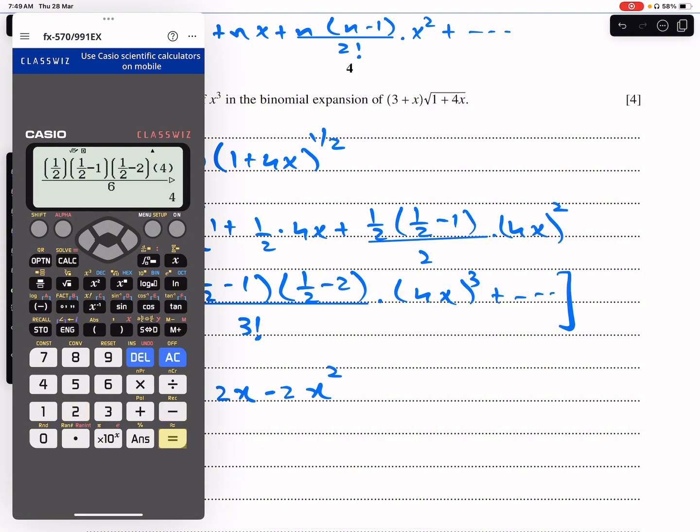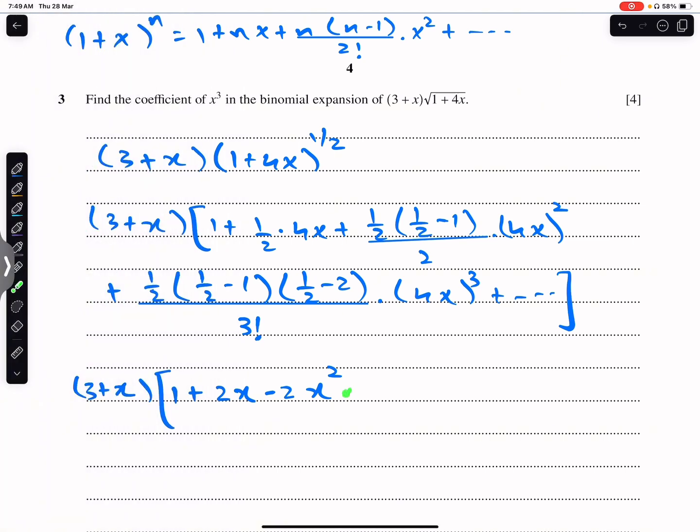So press equal, you will get 4. So the answer is plus 4x cube.